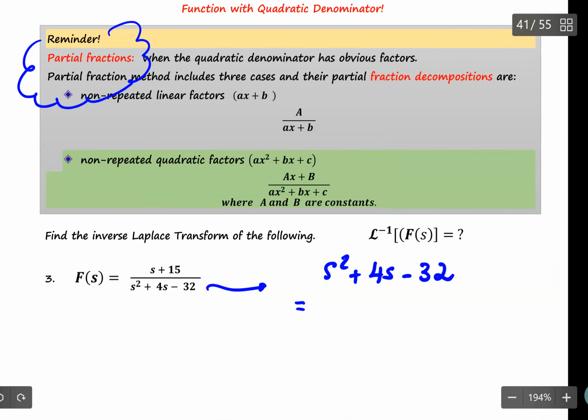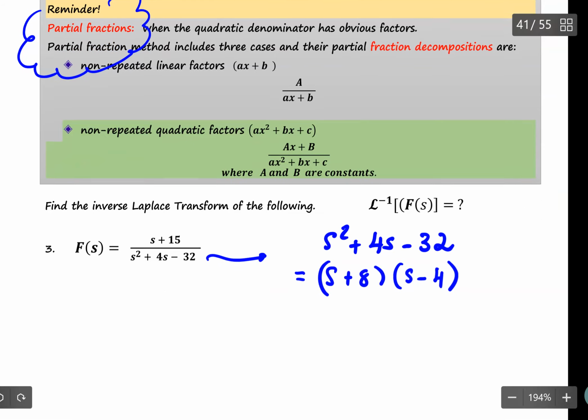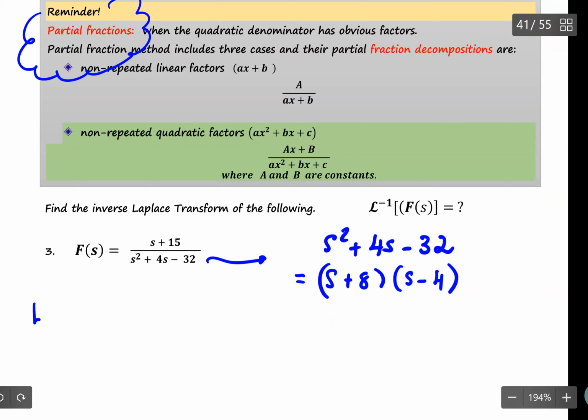So at this point, many of us realize that s squared plus 4s minus 32 will be equal to s plus 8 multiplied by s minus 4. Okay, so let's double check that. b squared minus 4ac. So in this quadratic, I should have a equals 1, b equals 4, c equals negative 32.